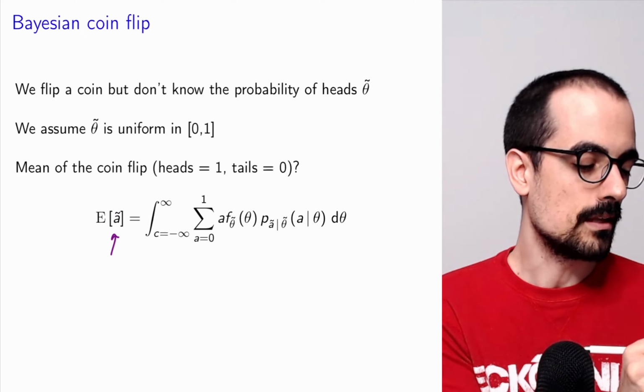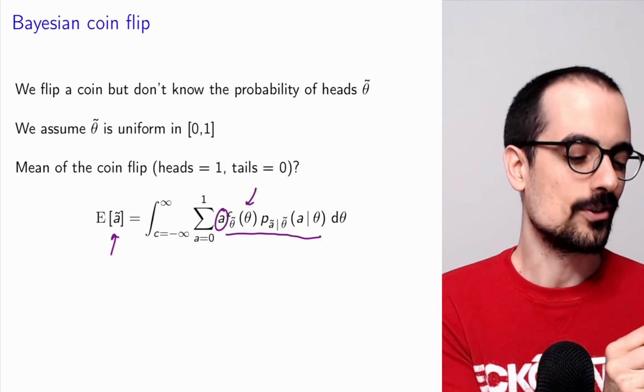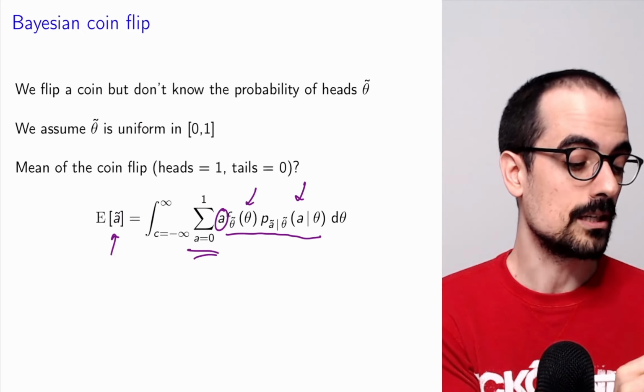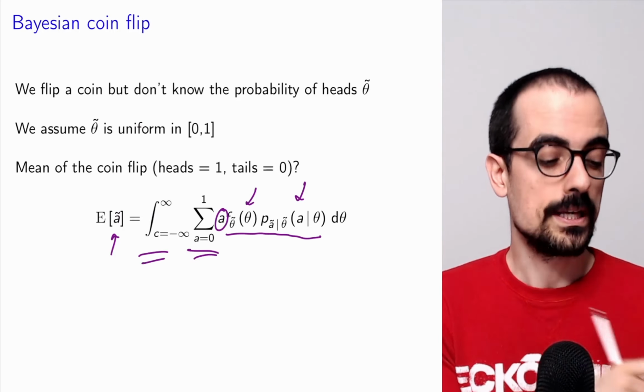What are we going to do? We take the function and we multiply it again by the marginal of one of them, the PDF in this case, because that's what we know of the continuous random variable, and the conditional of the discrete random variable given the continuous random variable. We sum over all the possible values of the discrete random variable, we integrate over all the possible values of the continuous random variable, and we get the mean.